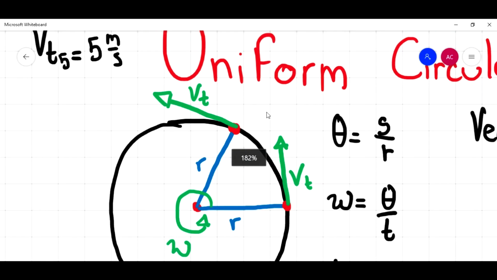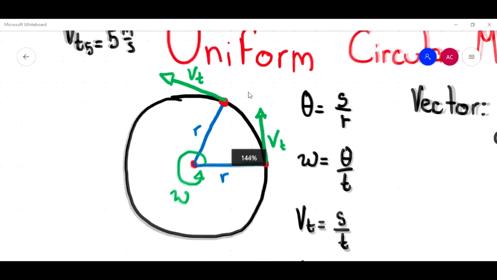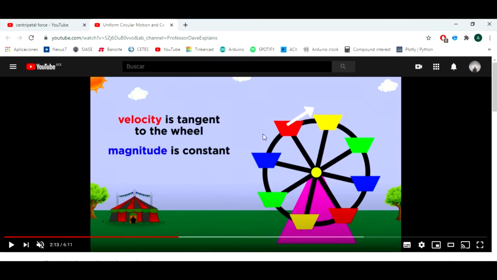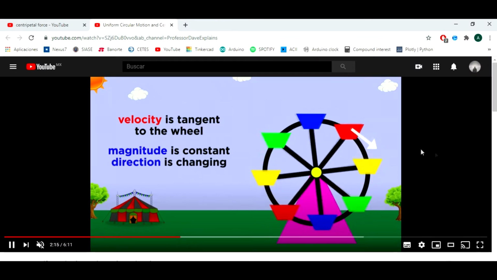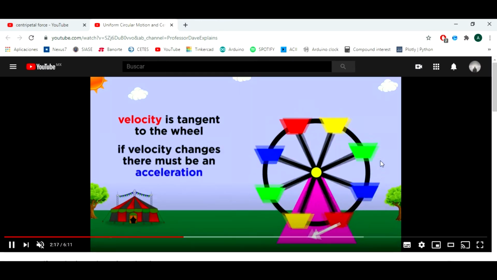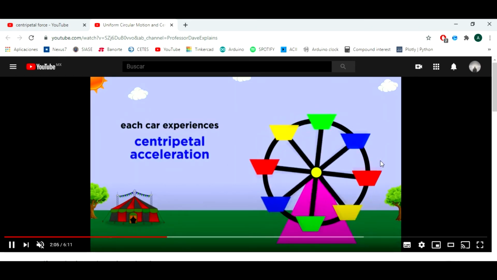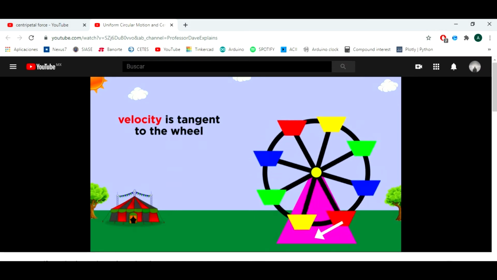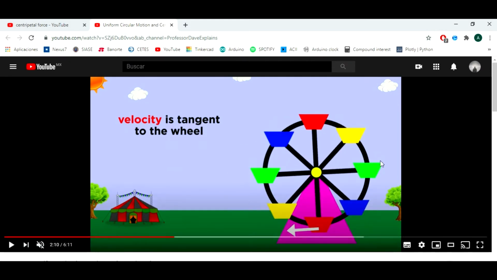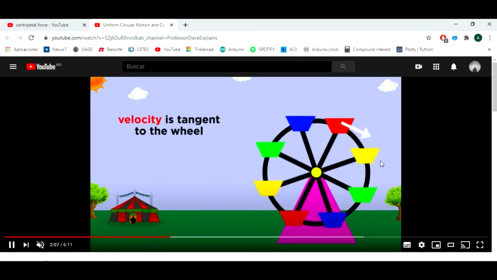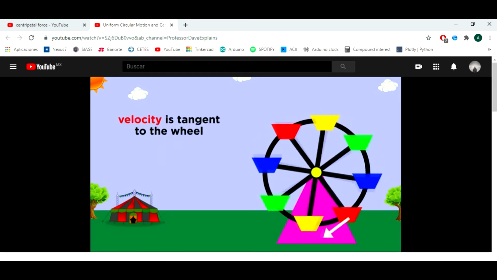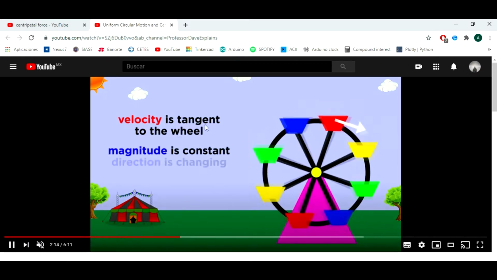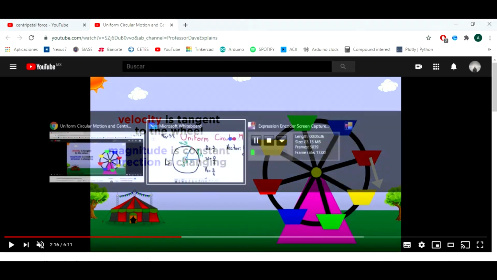We can see that better in this video, and I'm going to give you the code over here. That white line is the velocity, and you can see the direction is constantly changing. I repeat, the magnitude is the same, but the direction is going to change, just as it says here: magnitude is constant and direction is changing.